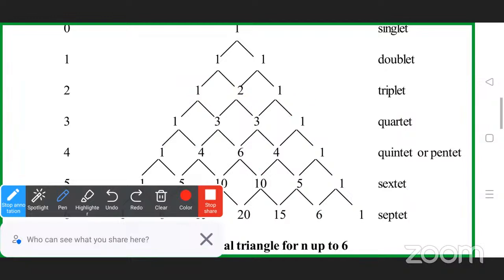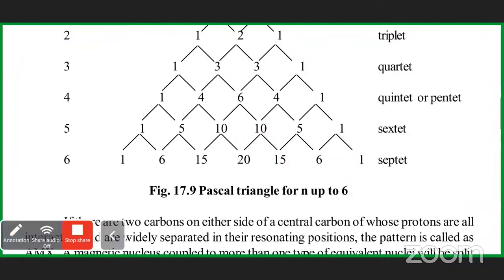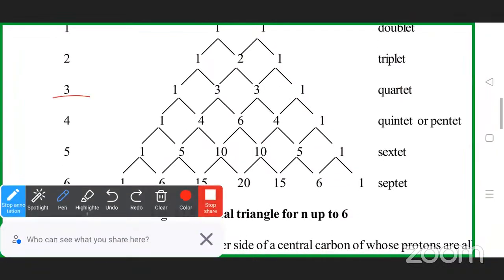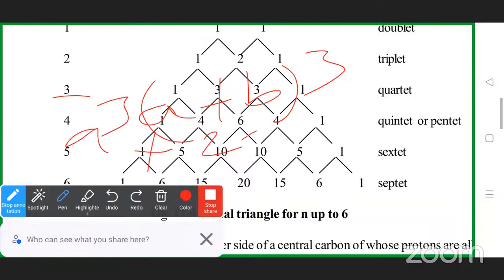Okay. So if there are 3 non-equivalent protons, n equal to 3 here, for example, then it becomes A plus B whole cube. The math people should tell this. So what is the formula? A cube plus 2A square B plus 2AB square plus B cube.